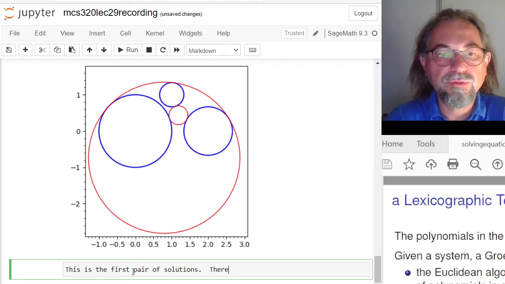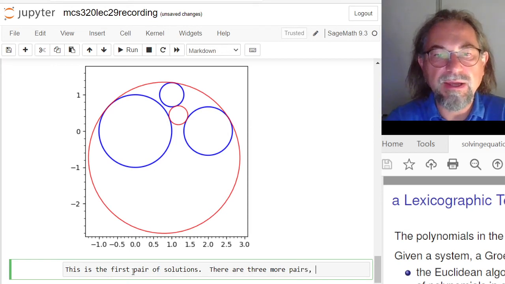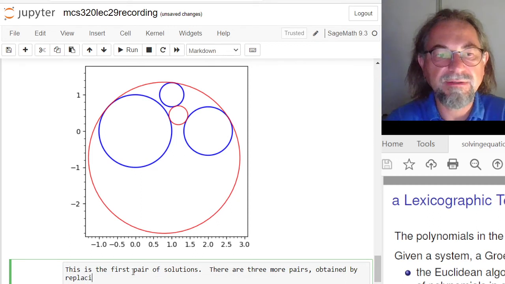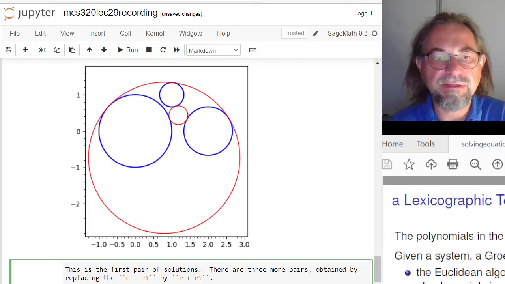There are three more pairs, and they are obtained by replacing the R minus R1 by R plus R1. This gives the second pair, and then etc. for the other ones.